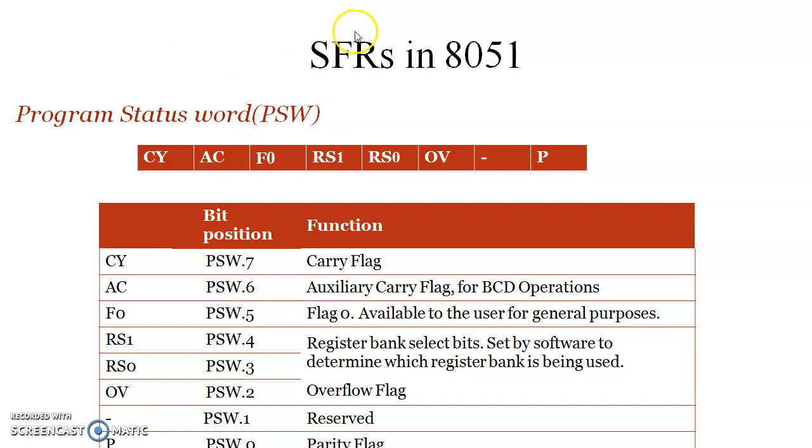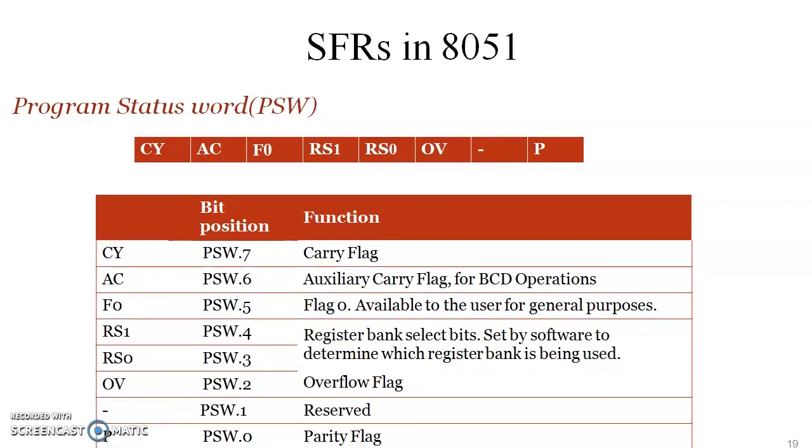Next is F0, available to the user for general purpose. Next are RS0 and RS1. These are the bank select bits. You know that there are 4 banks in the 8051: bank 0, 1, 2 and 3.